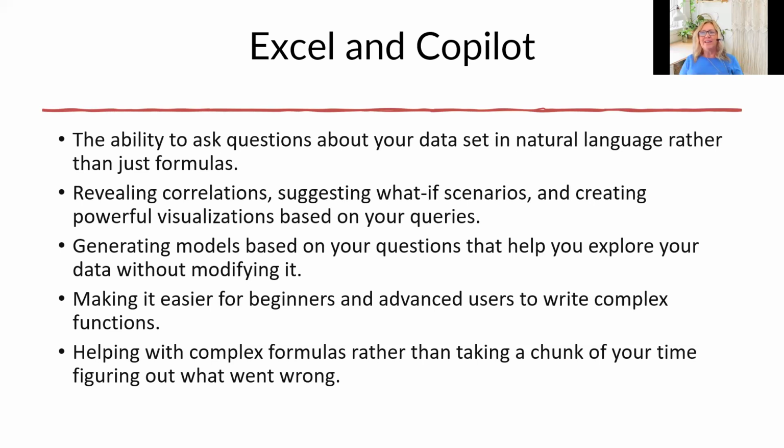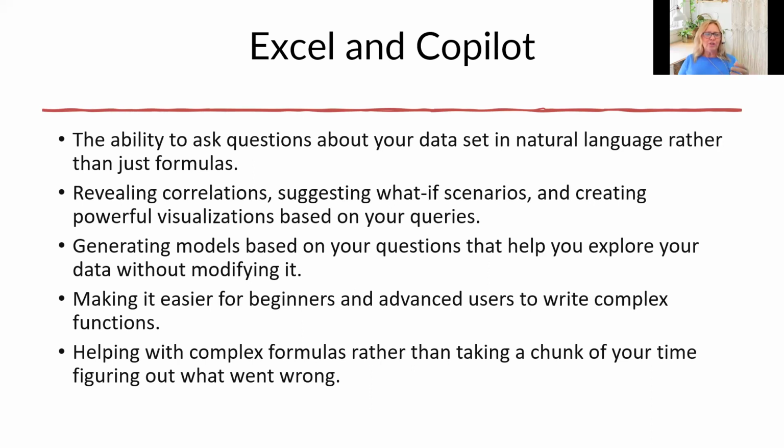It can sort data. It can generate models based on the questions that we give it. Makes it easier for not only beginners, but for advanced users as well. It can help with figuring out formulas. And there's even more listed in your handout, what Copilot in Excel can do. So if you take a look at your handout towards the middle of page 4, you're going to see those.